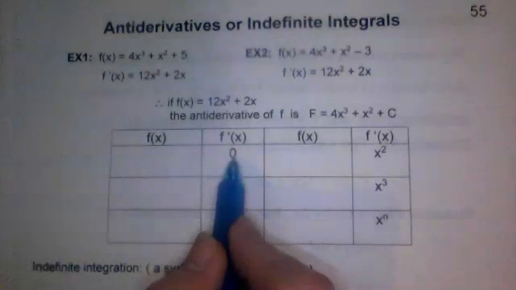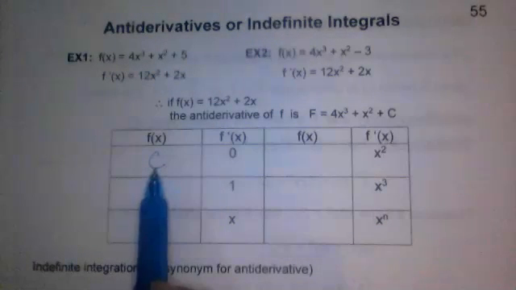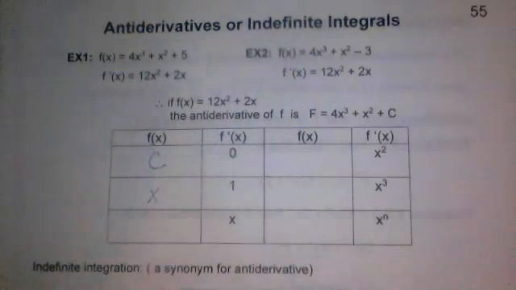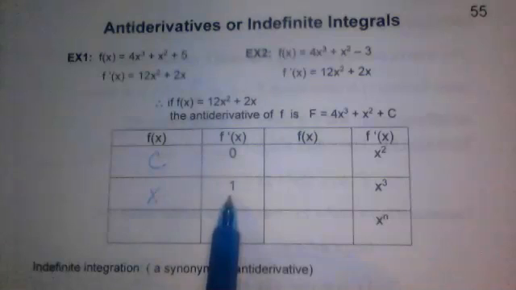So if 0 is my derivative, what was it before that? Well, this would have just been a constant, because any constant that I take the derivative of, I get 0. So what gives me a derivative of 1? X. Whenever I take the derivative of x, I just get 1. Okay, so what gives me the derivative of x to the first power?